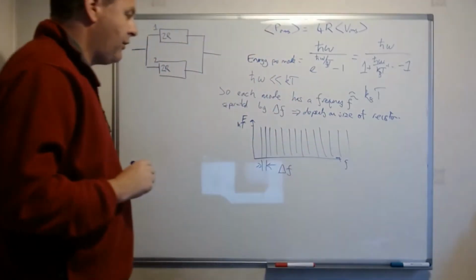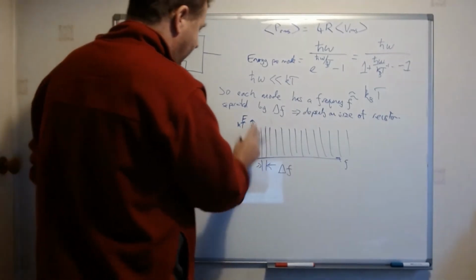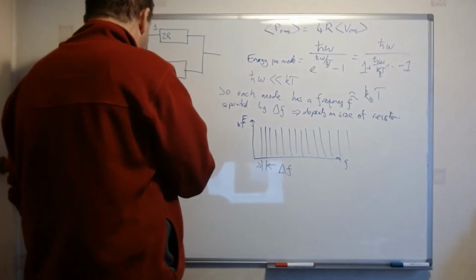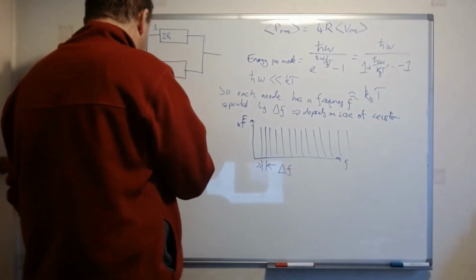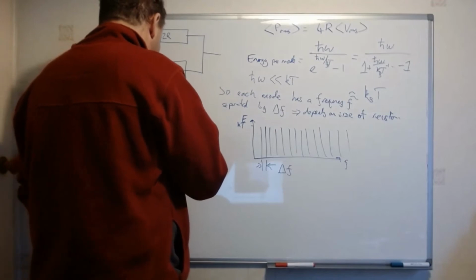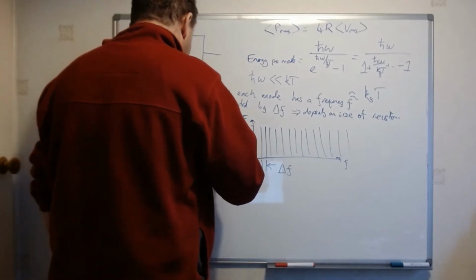And so you can work out the total energy we've got per mode, and that's simply going to be the energy for the mode times the width of the mode. And so you can write down an energy, or an energy density strictly speaking, that is going to be kT delta f.